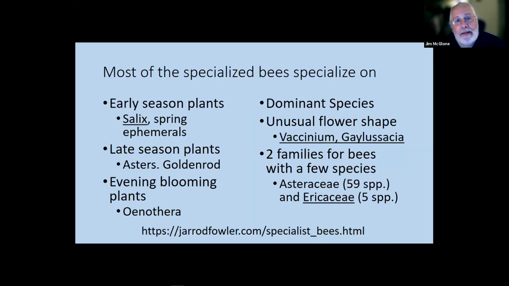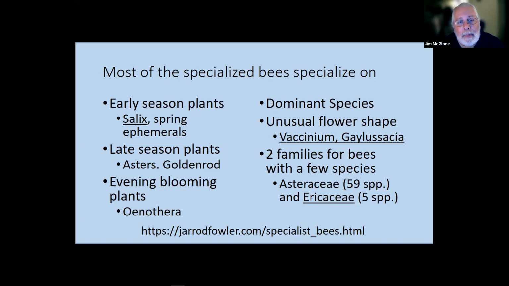Now, I mentioned the bees, and I mentioned several of these plants. If you go to this website, and again, it's on the handout, there's a lot of information about specialist bees from along the coast, I think he goes as far north as New Jersey, down to Florida and around to, I think, Alabama and Mississippi.